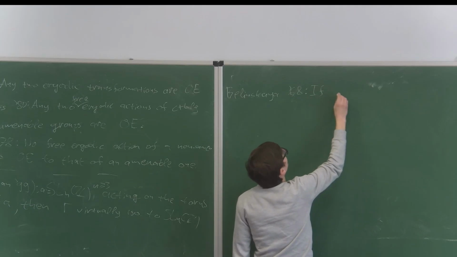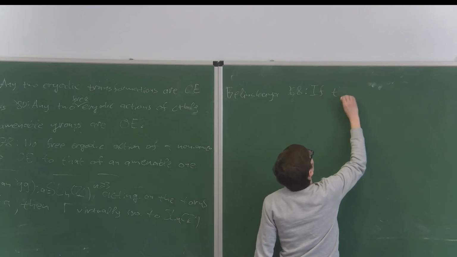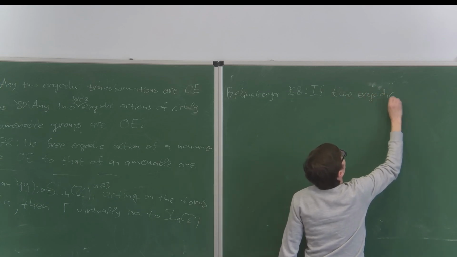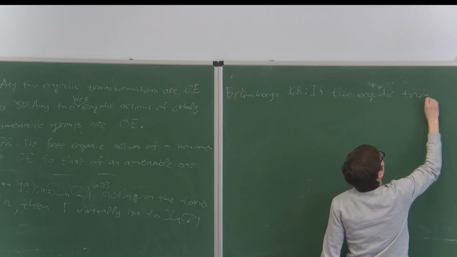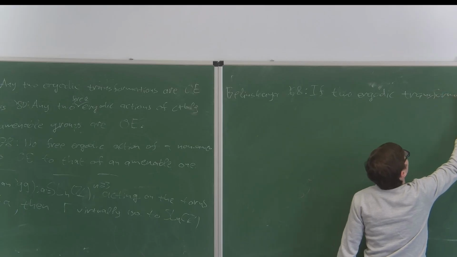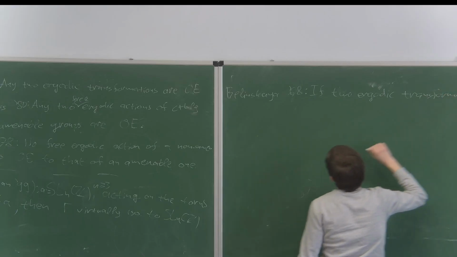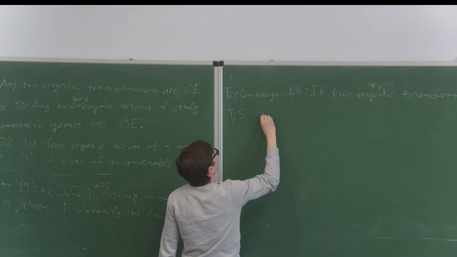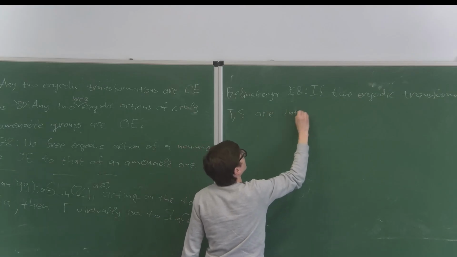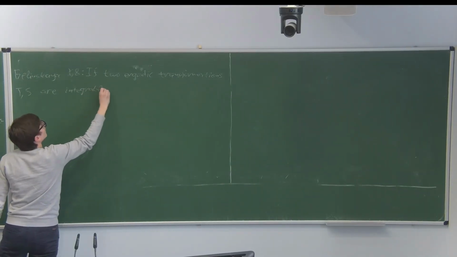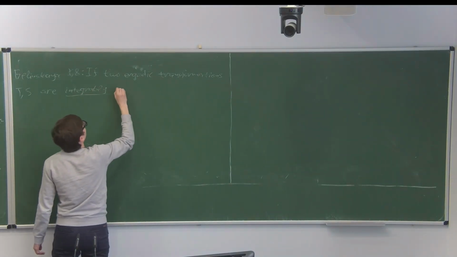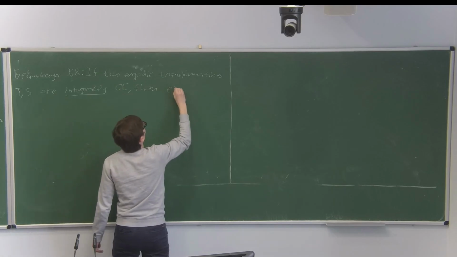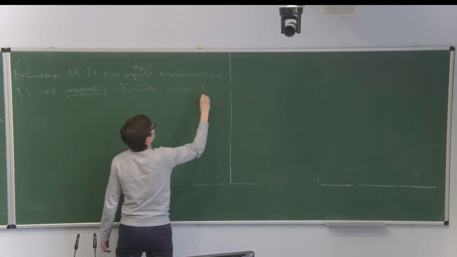if two ergodic transformations, say T and S, are integrably orbit equivalent, then they're flip conjugate.